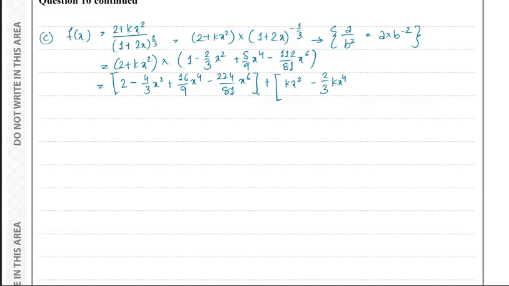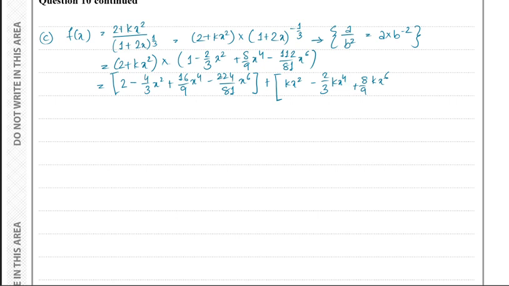and then plus 8 by 9 k. The powers will get added up: 4 plus 2 would be 6, because they are in multiplicative form. So x squared is multiplied by x to the power 4, so it will become x to the power 6.